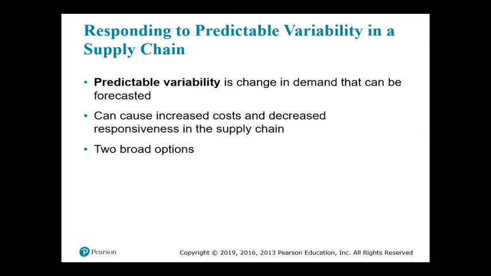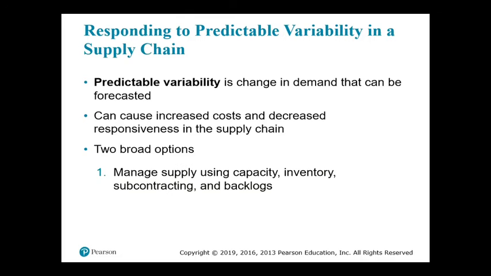Now, supply chain demand and supply management and operations planning can significantly improve performance when applied to predictable variable products. And the way we achieve that is through two broad options.